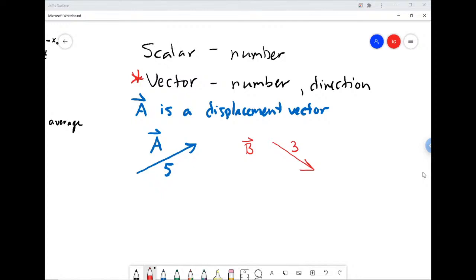And then there's a third vector, C, which equals A plus B. What is that sum?